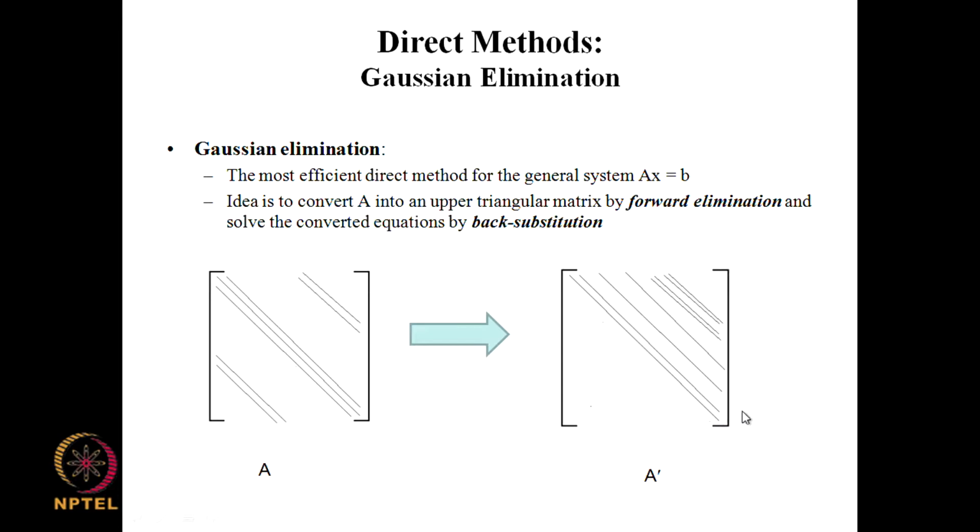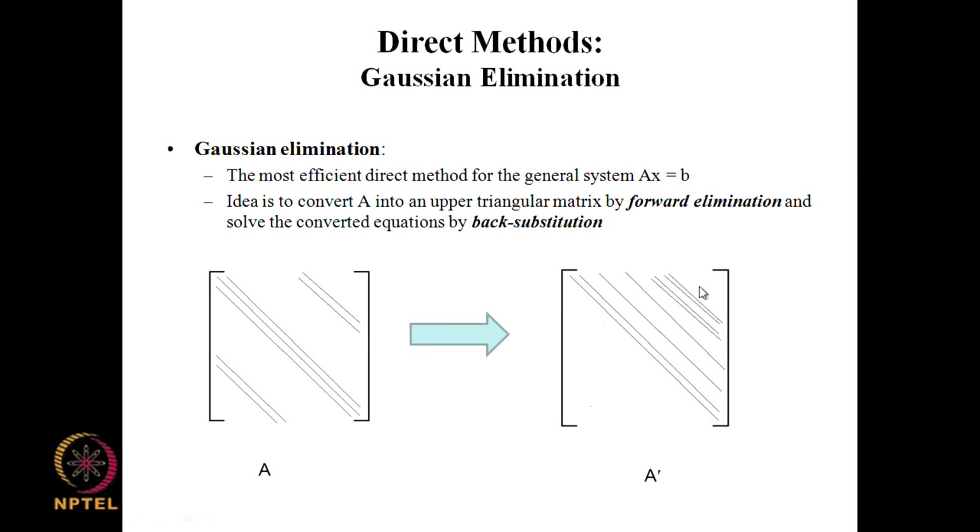Then the next equation has xn minus 2, xn minus 1, xn as variables, but by this time you have already evaluated xn and xn minus 1, so you substitute those values and solve for xn minus 2. You can do back substitution from the bottommost equation and come up to solve for x1. So you can successively solve for xn, xn minus 1, xn minus 2, xn minus 3 all the way up to x2, x1. That is known as the back substitution method.